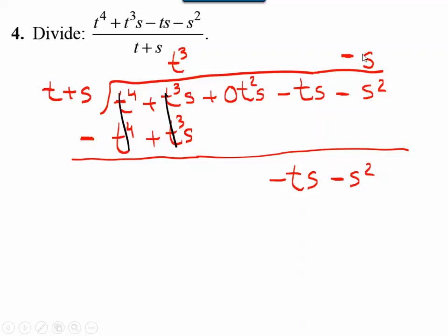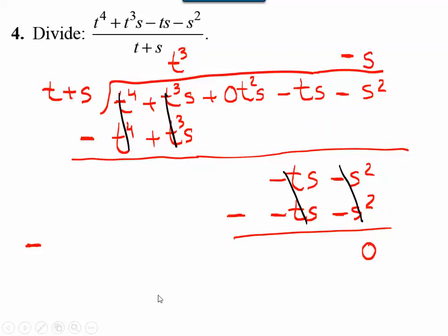Okay, but negative s times t, negative ts. Negative s times s. Hey, I got the same exact thing, and I'm going to have to subtract those. Subtracting those out, and again, I really don't even need to add in the opposite, because I know if I'm subtracting the same thing from itself, it's just going to go to 0.